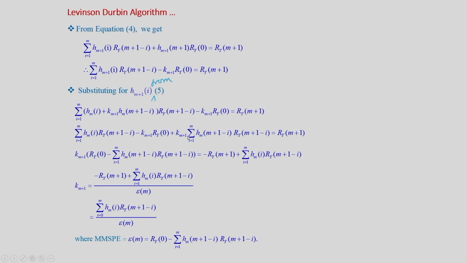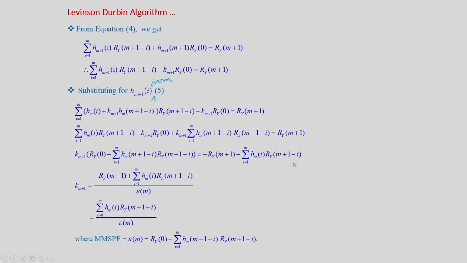And after simplifying, we will get k_{m+1} into r_y(0) minus summation h_m(m+1-i) into r_y(m+1-i) going from 1 to m, that must be equal to minus r_y(m+1) plus summation h_m(i) into r_y(m+1-i) going from 1 to m.